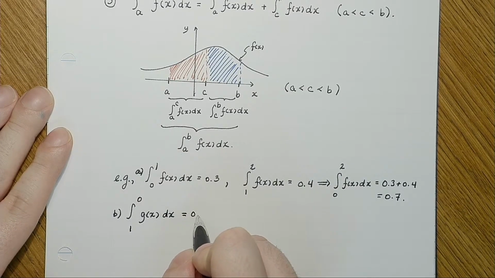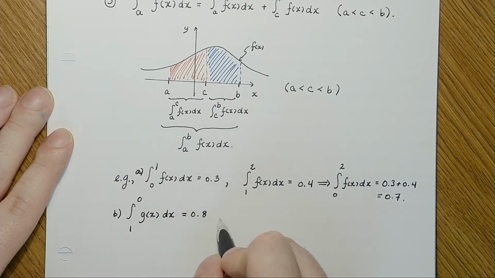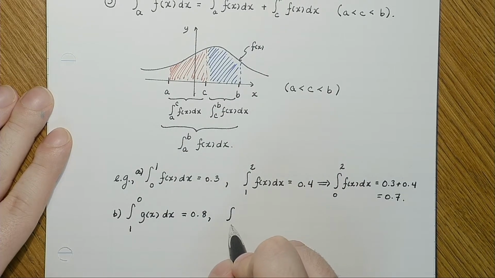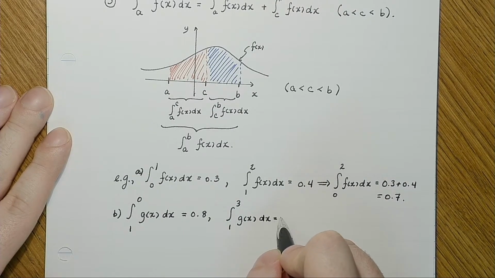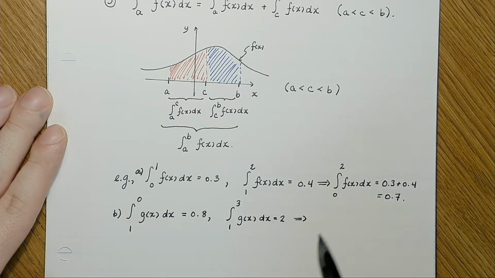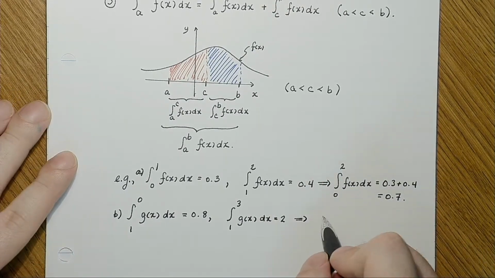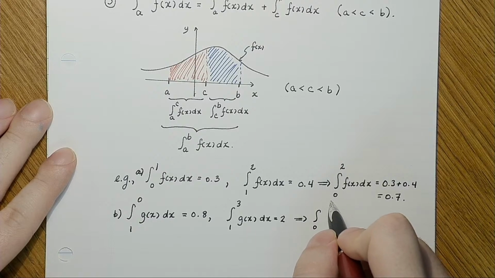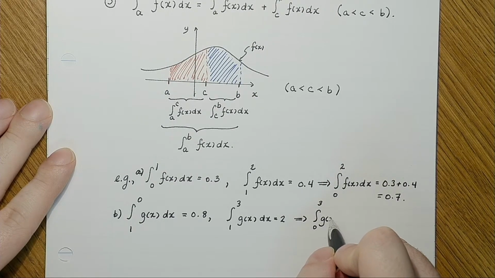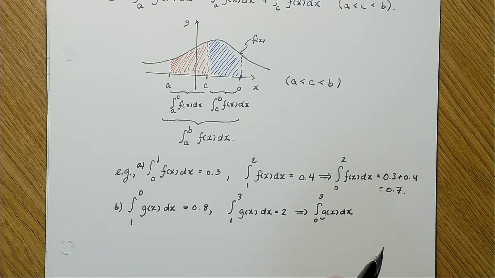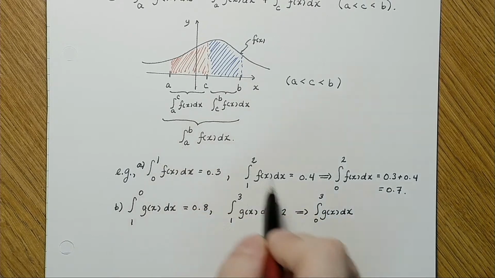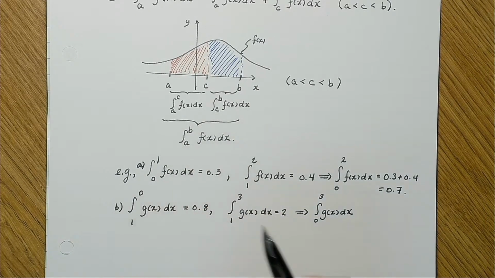Okay, so in this case, I'm going to use the integral from 1 to 0, and the integral from 1 to 3 of g of x dx equals 2, and we want from 0 to 3. This one is a little different because I can't just go from 0 to 1, 1 to 2. I have from 1 to 0.